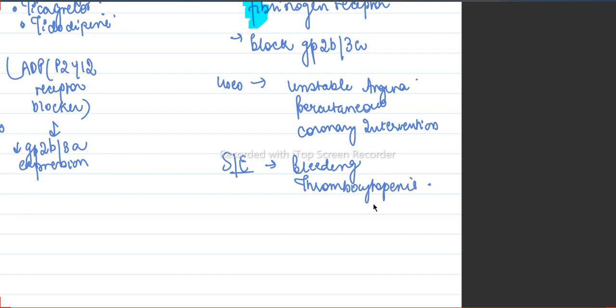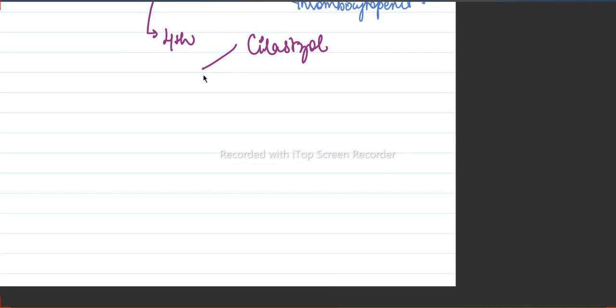The fourth class of drugs which we are going to talk about today includes cilostazol and dipyridamole.